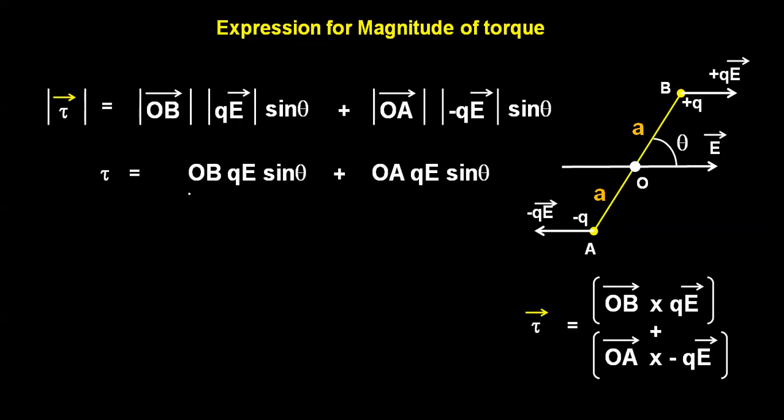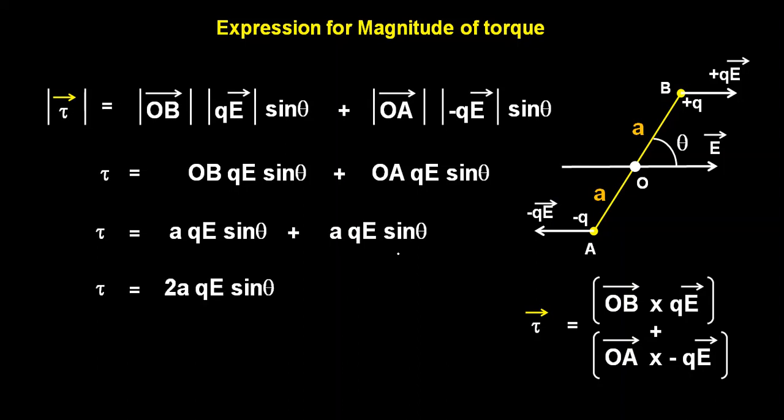That is nothing but OB QE sin theta plus modulus of OA vector is OA, modulus of minus QE vector is QE sin theta. And you know, OA and OB are A each, semi-length. So A QE sin theta plus A QE sin theta. So which will give me 2A QE sin theta, right?